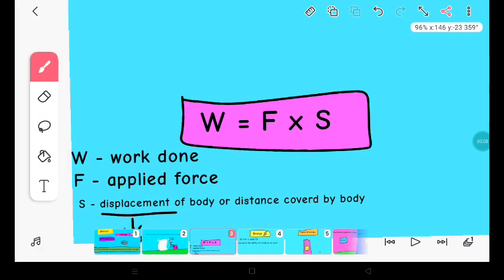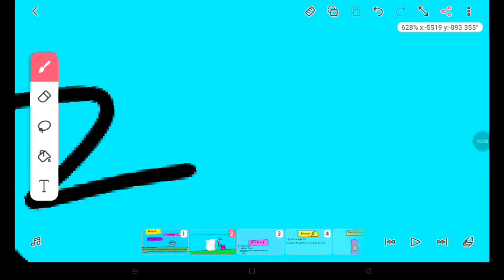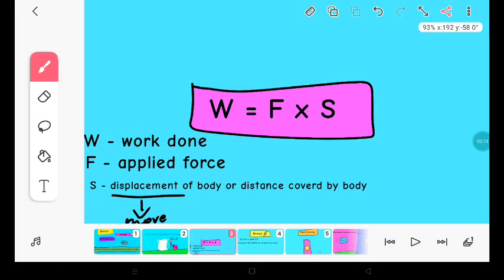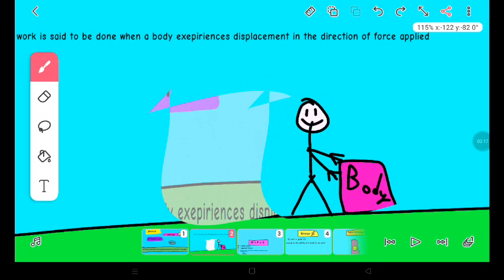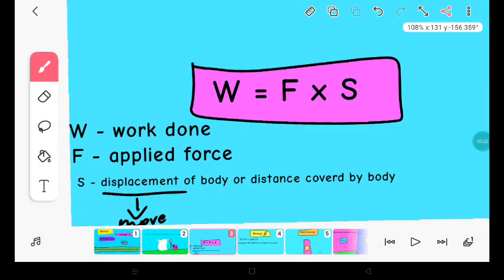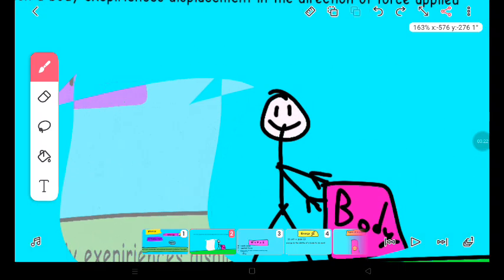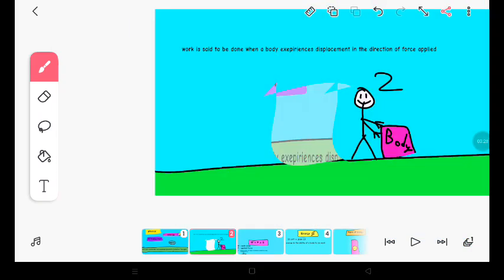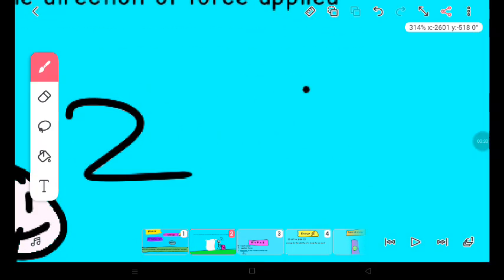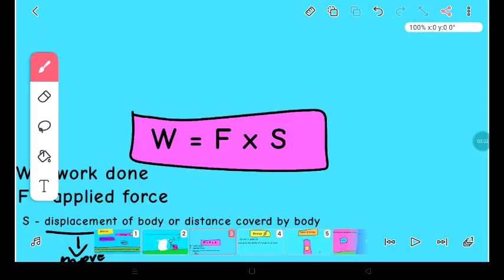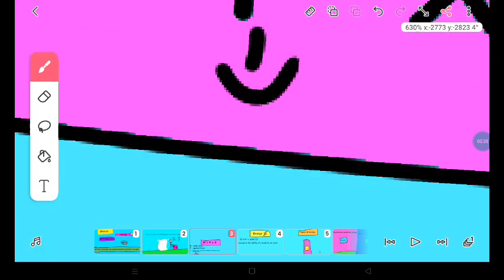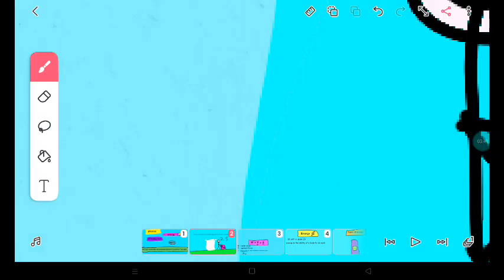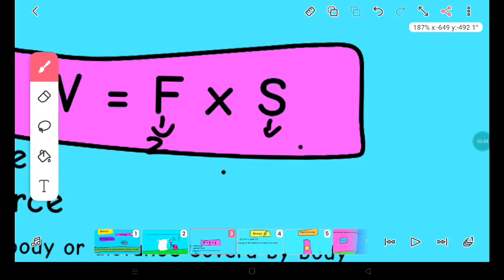The amount of force the stickman applied was 2, and the amount of S the stickman applied was 5.